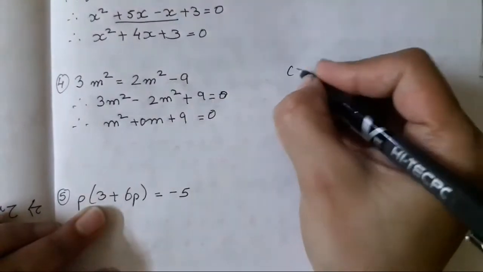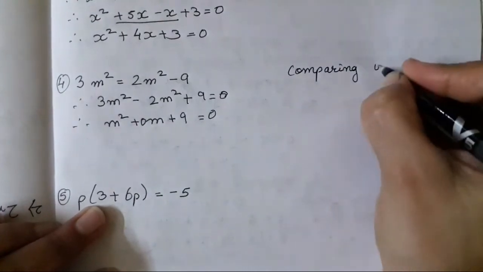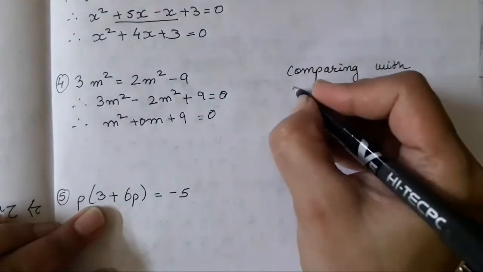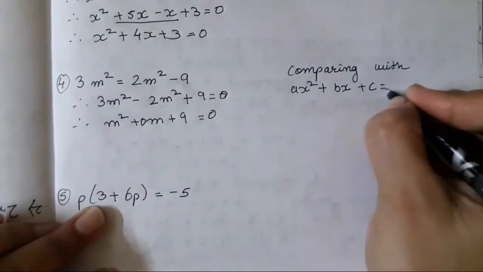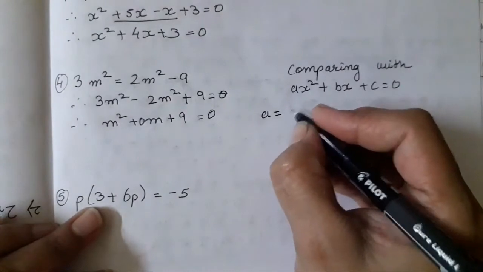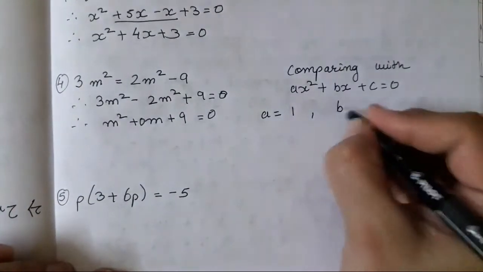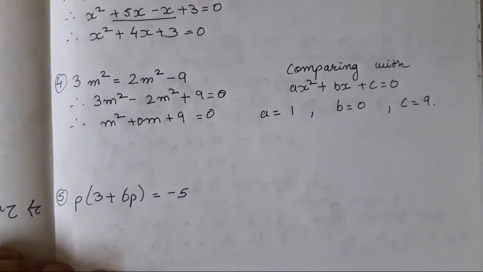We will compare it. Comparing with ax square plus bx plus c is equal to 0, a is supposed to be 1, b is supposed to be 0 and c is supposed to be 9.